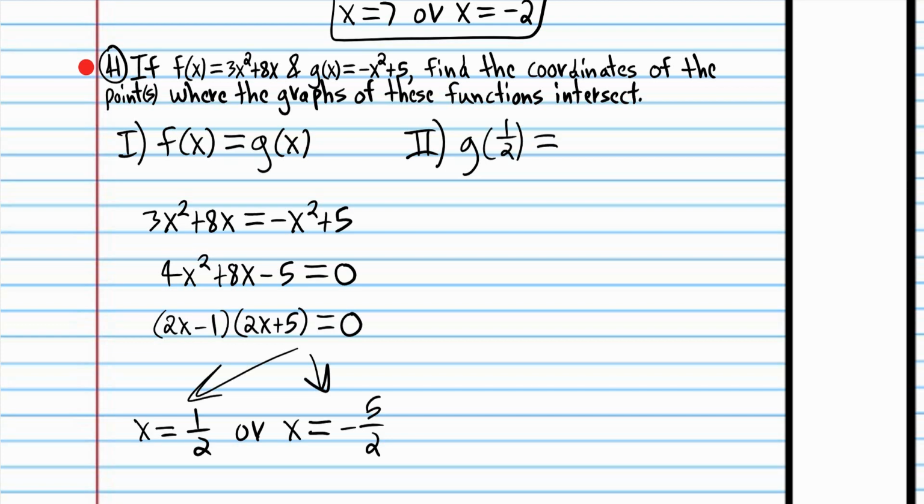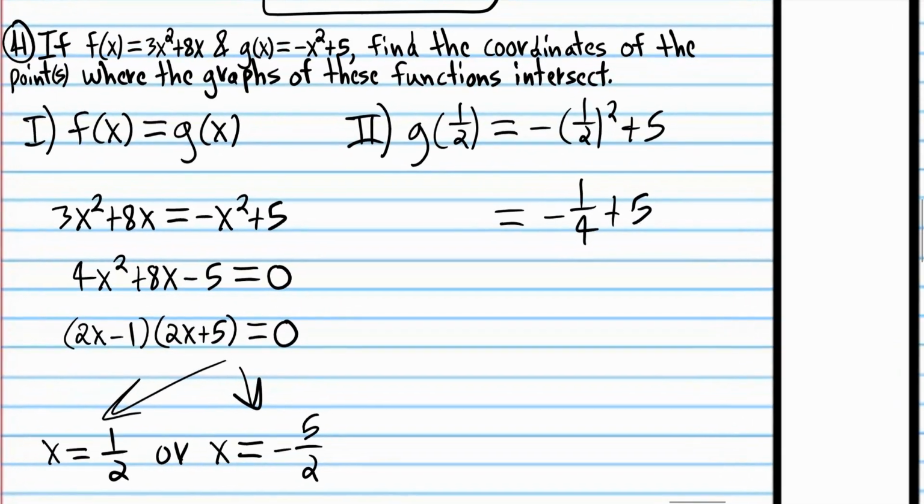So I'm going to plug in 1/2 and I get negative 1/2 squared plus 5, and that becomes negative 1/4 plus 5. Remember, we're squaring the 1/2. We're not squaring the negative symbol in front of it. That green negative symbol is not part of the exponent.